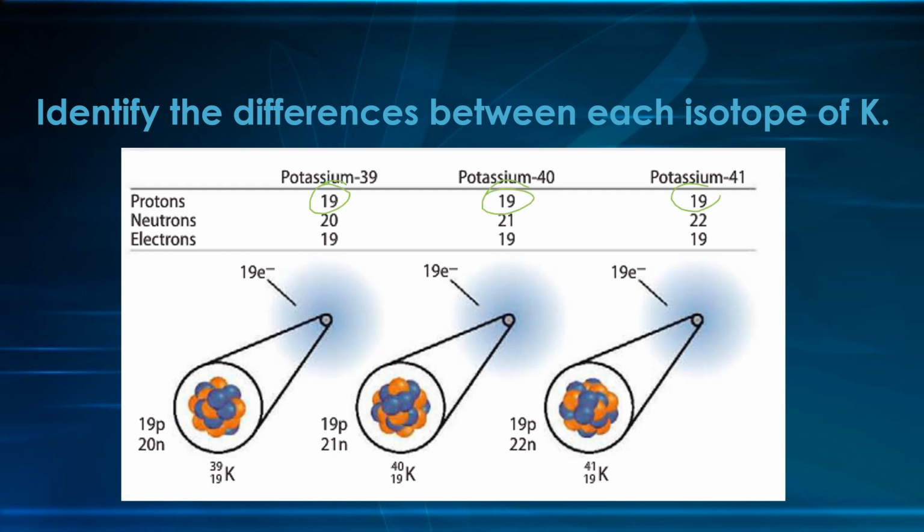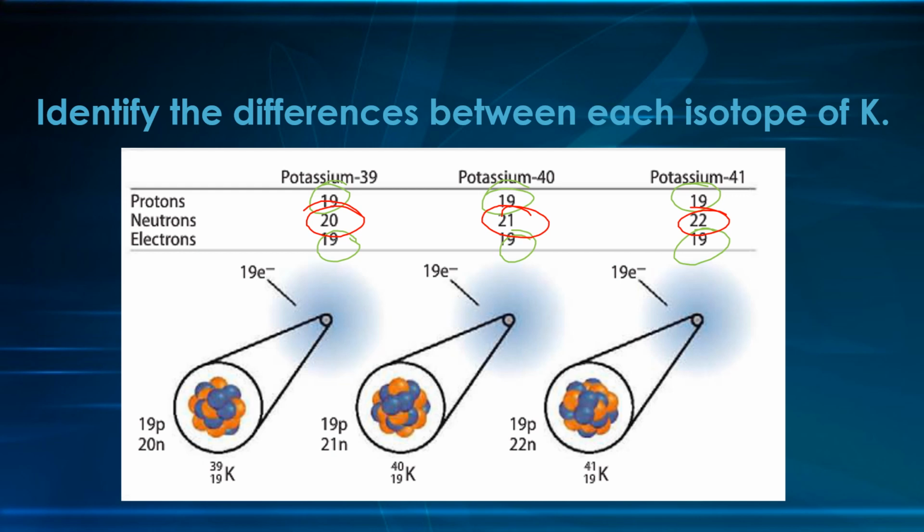Number of protons, identical for all 3. I'm also going to look at the number of electrons. All 3 have 19 electrons. So the only thing that's different between the 3 atoms that I see below has to be that number of neutrons, 20, 21, and 22.